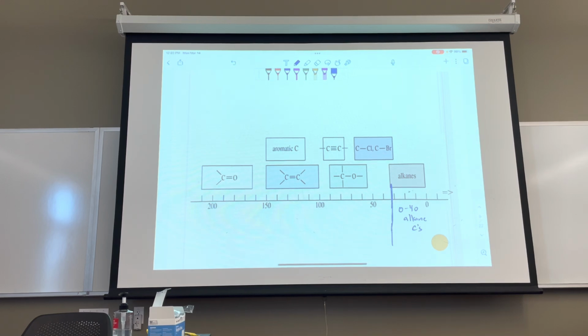And then you've got your carbons that have electronegative atoms, like oxygens or nitrogens or halogens, things like that. Those are going to tend to appear in the, I would say, 50 to 90 parts per million range.